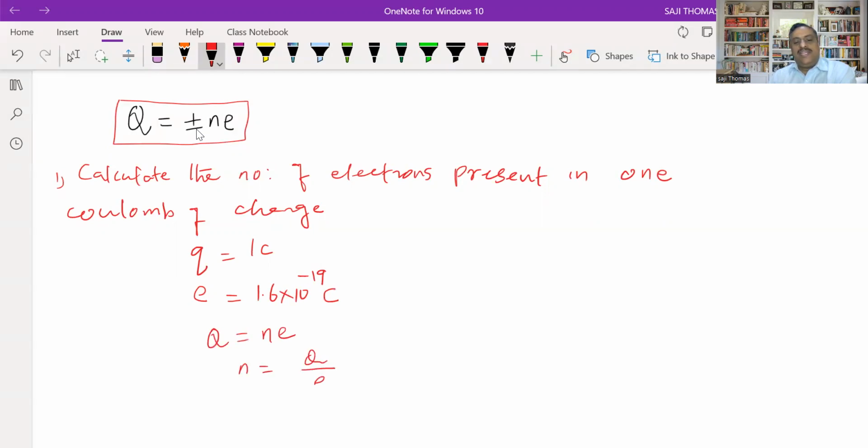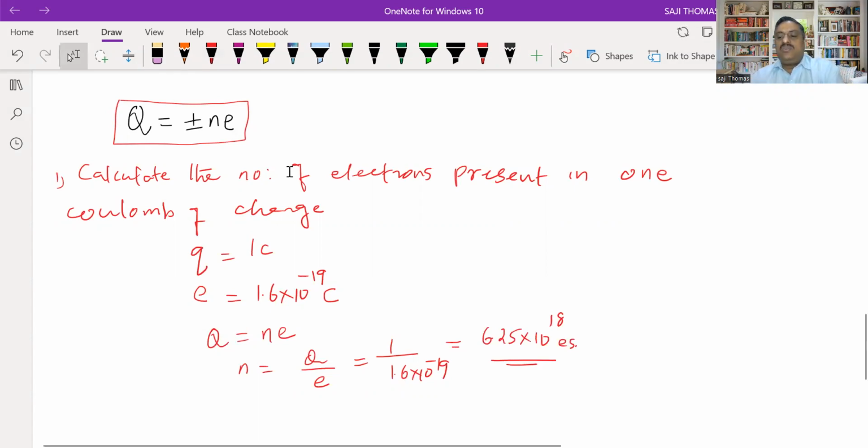Q by e. Q is 1 coulomb. Charge of electron 1.6 into 10 raised to minus 19. When you calculate, you will get it as 6.25 into 10 raised to 18 electrons. So this is the number of electrons in 1 coulomb of charge. So it is a very simple calculation, right?